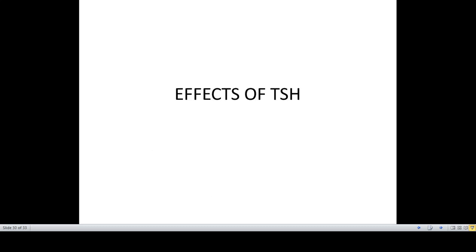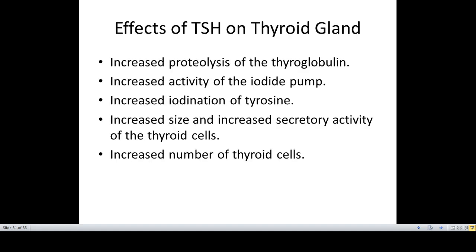So the actions or effects of thyroid stimulating hormone can be summarized into these points: increased proteolysis of the thyroglobulin, increased activity of the iodide pump, increased iodination of the tyrosine, increased size and increased secretory activity of the thyroid cells, and finally increased number of thyroid cells by increasing the mitosis of the cells.